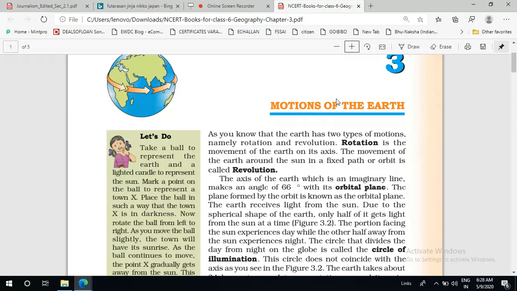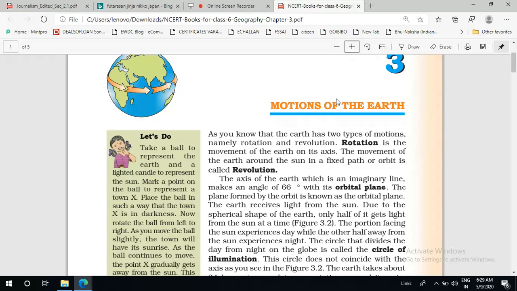And in this, the term axis has come, and we have discussed this axis earlier also. In the previous chapter, I told you that it is an imaginary line. Actually, no axis exists on the real Earth.